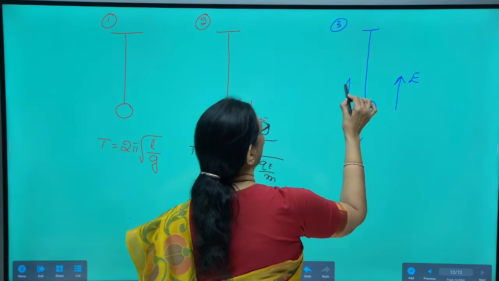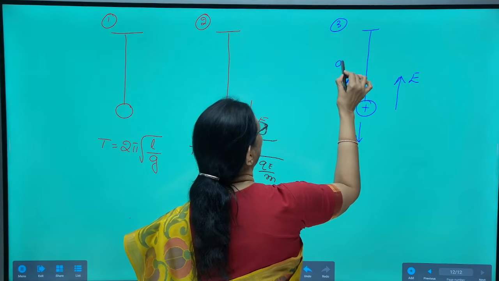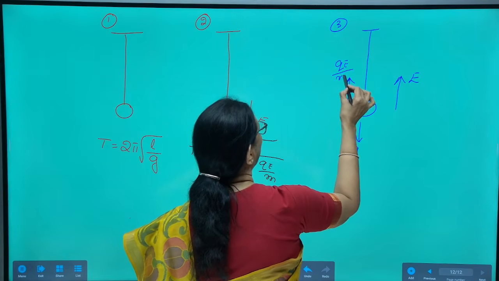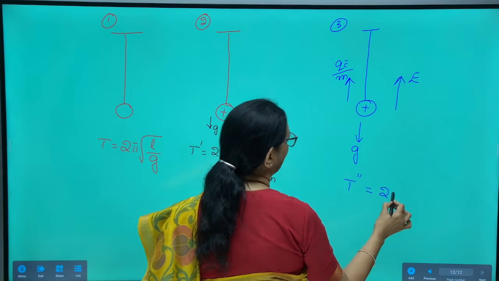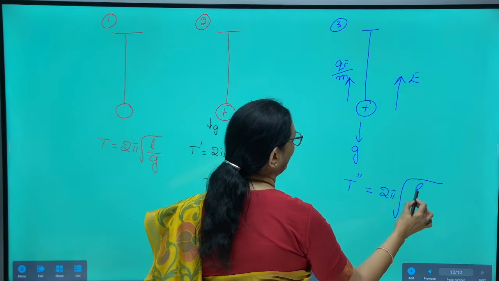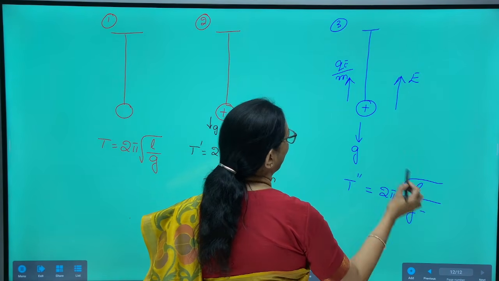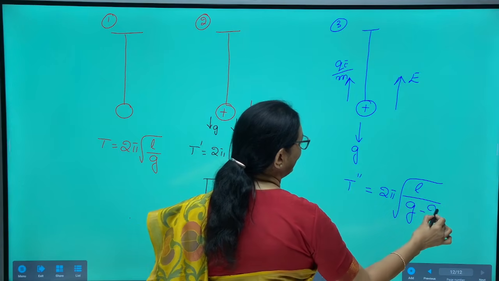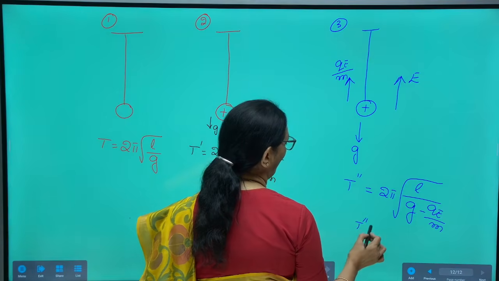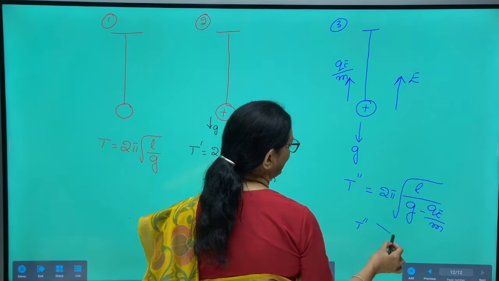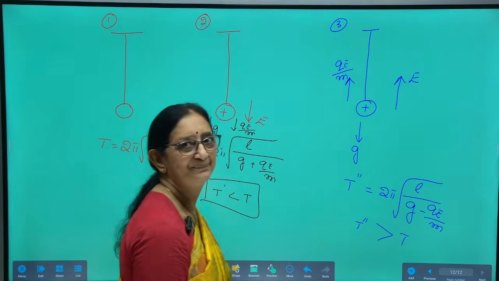So, here acceleration due to that will be QE by m up. So, here T double dash is equal to 2 pi square root of L by (g minus QE by m), as this is in the opposite direction. So, very obviously T double dash is greater than T.